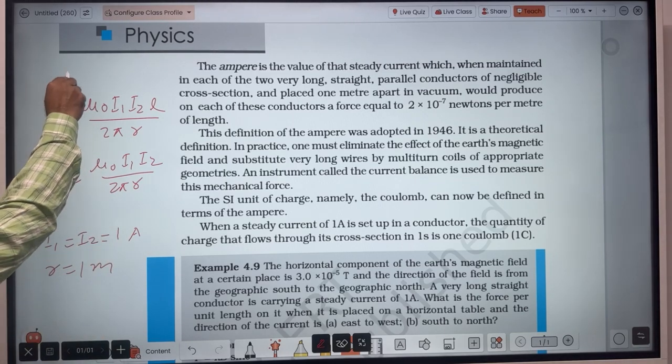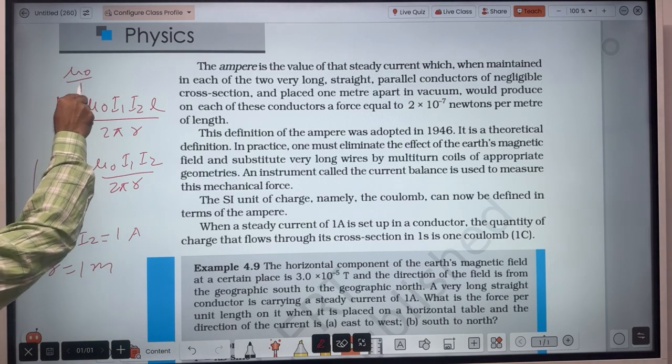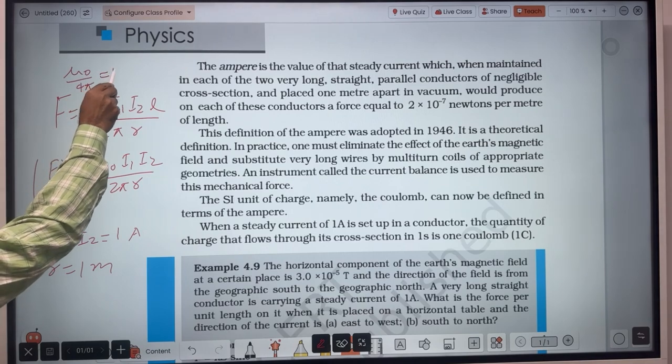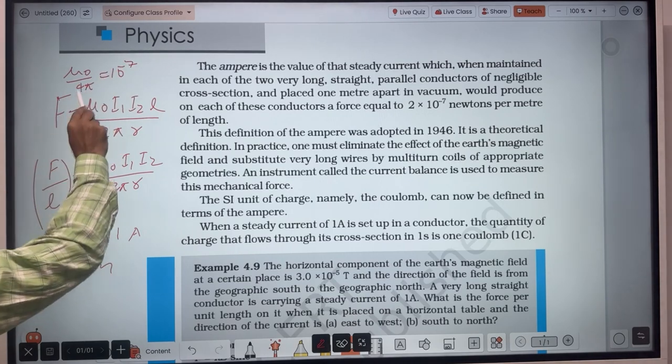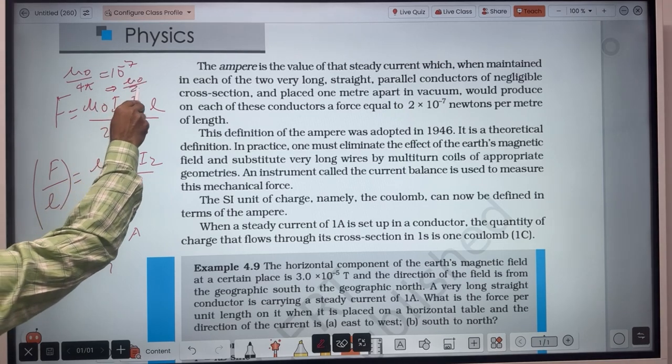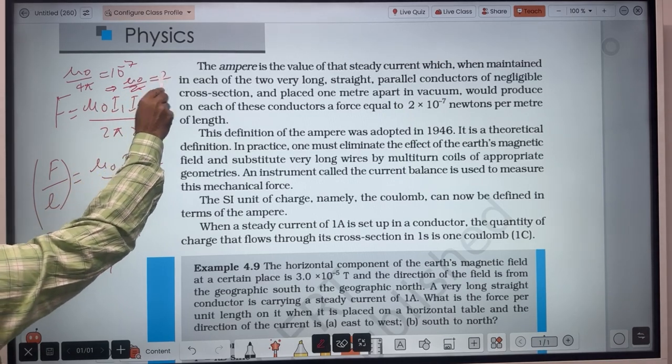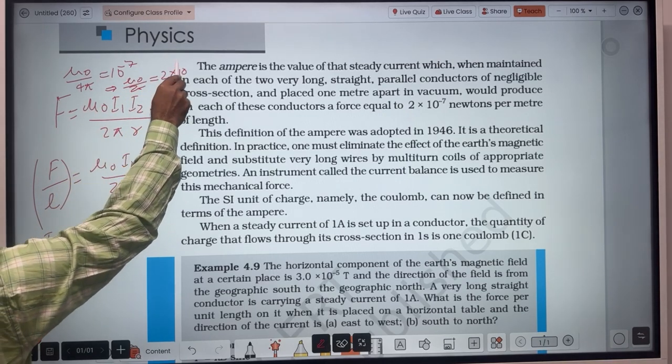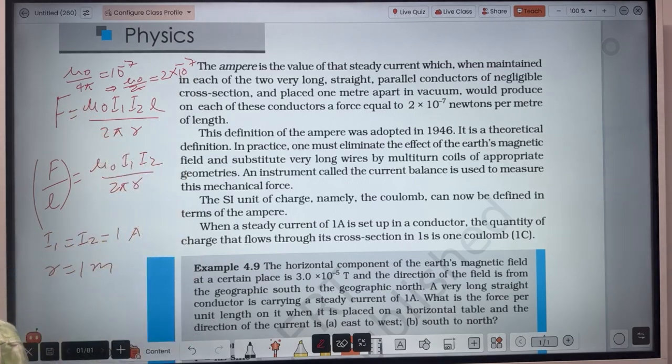And if you remember, mu naught upon 4 pi equals 10 to the power minus 7. So mu naught upon 2 pi will be equal to how much? Mu naught upon 2 pi will be equal to 2 into 10 power minus 7, correct?